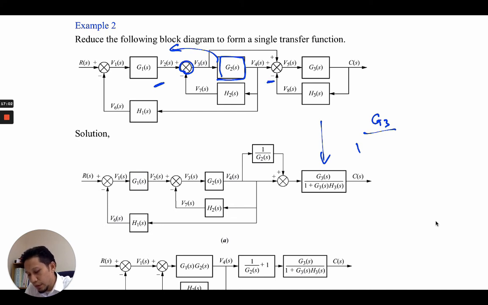Alright, so we have G3 over 1 plus G3 H3.